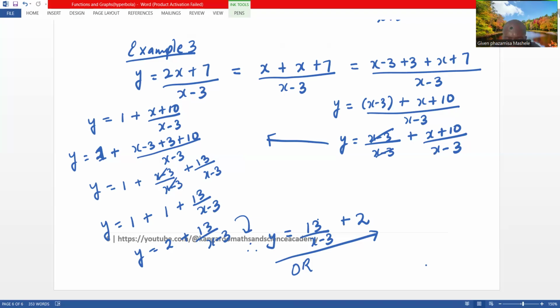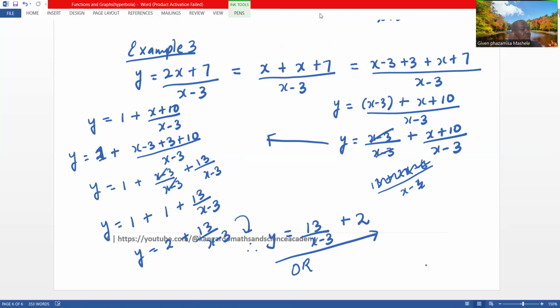Let's check. 18 plus 2x minus 6. Yes, it will give us x minus 3. So it was 2x plus 7 by x minus 3.